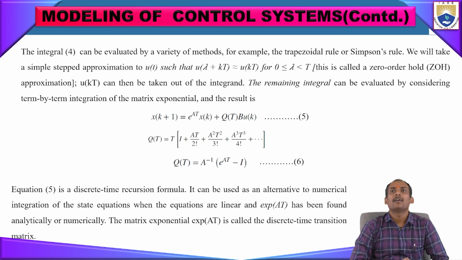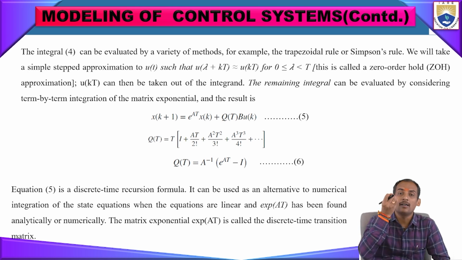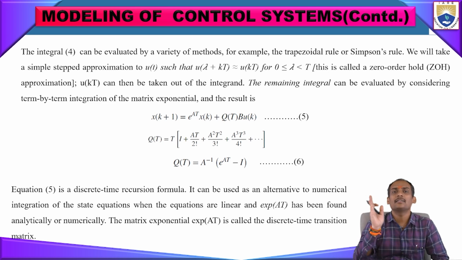This approximation is called a zero order hold. Zero order hold approximation means that whatever approximation we consider for the time change will have a limit, and that limit we have neglected here.